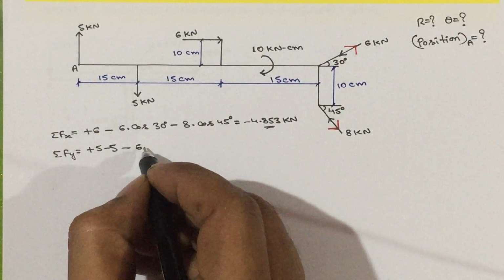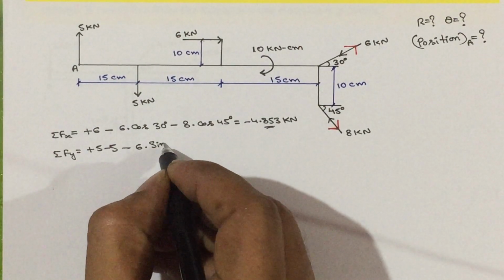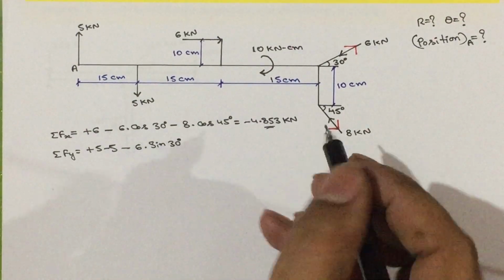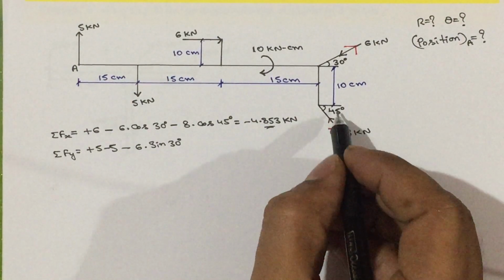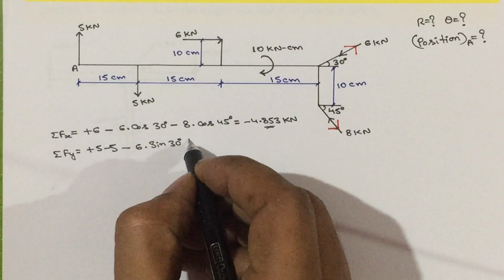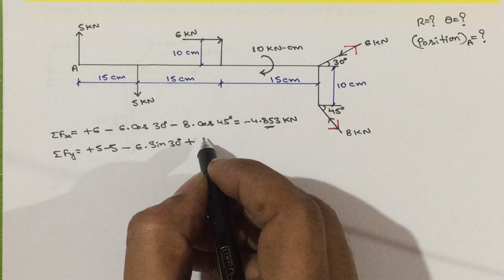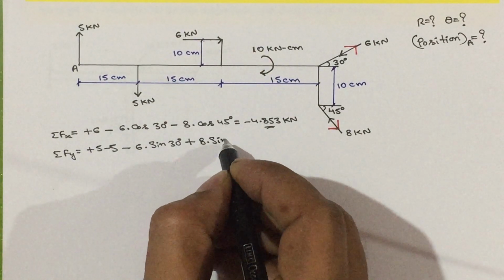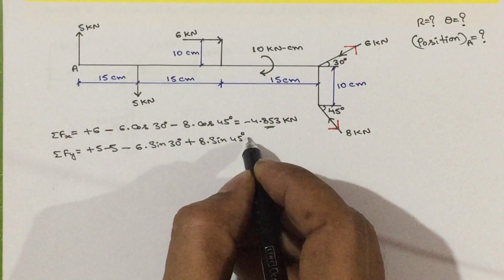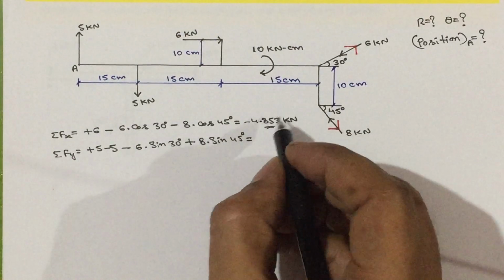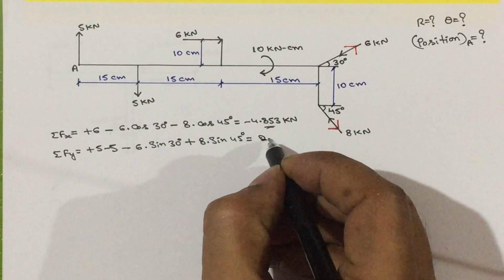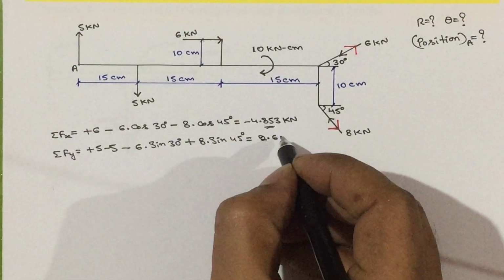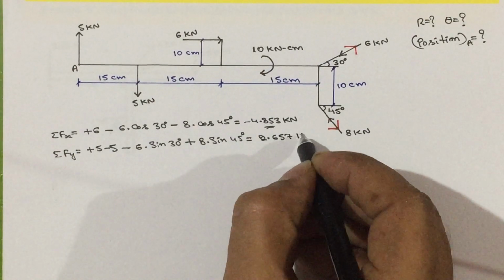Component is F sin theta, that is 6 into sine of 30 degree. Then horizontal component, leave it. Vertical component, it is moving upward, so plus. Component is F sin theta, that is 8 into sine of 45 degree. We are going to get the value as 2.657 kilonewton after calculation.